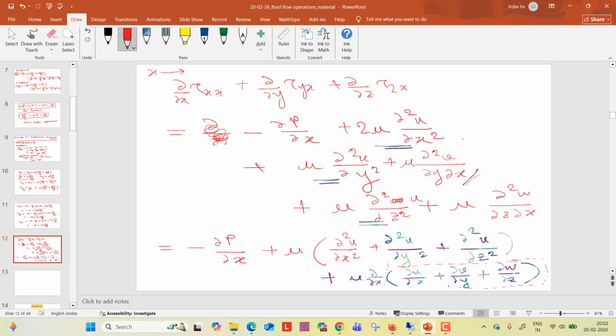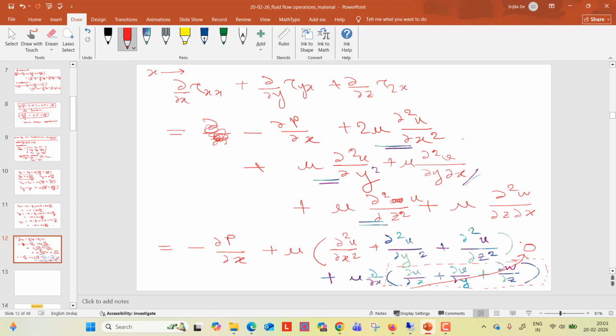Or this is nothing but the divergence of V equals 0. As we are already taking it as incompressible fluid, we can easily take this term as 0, right? So this term will be 0 in case of incompressible fluid. Okay. So now what is left?